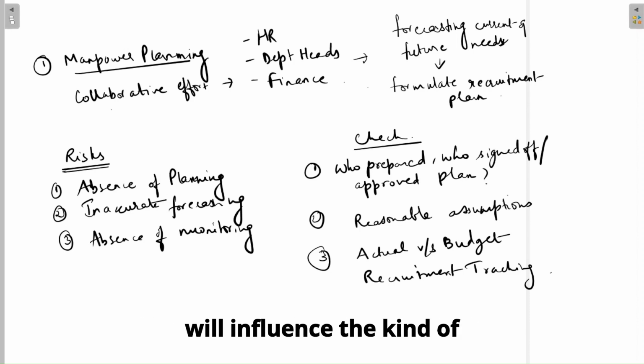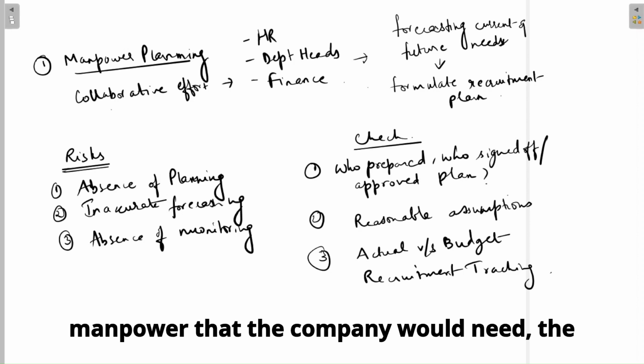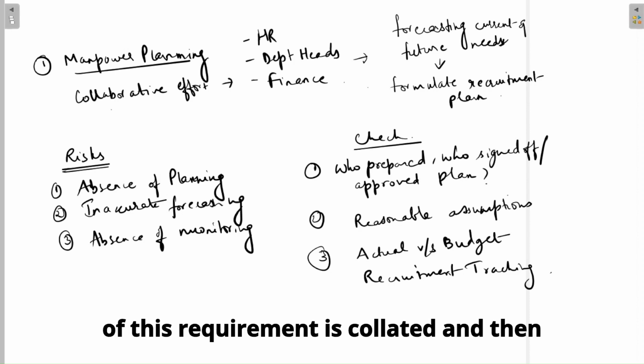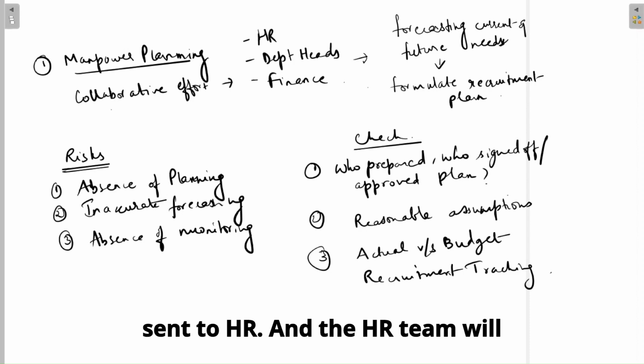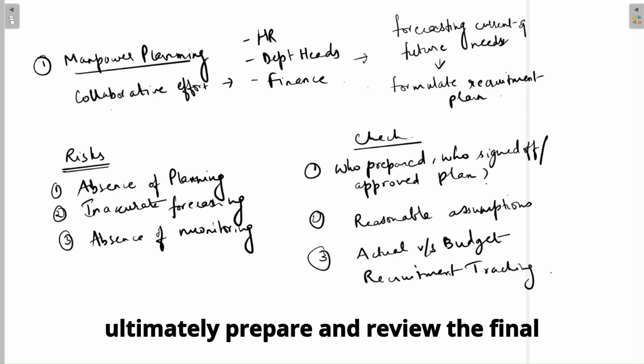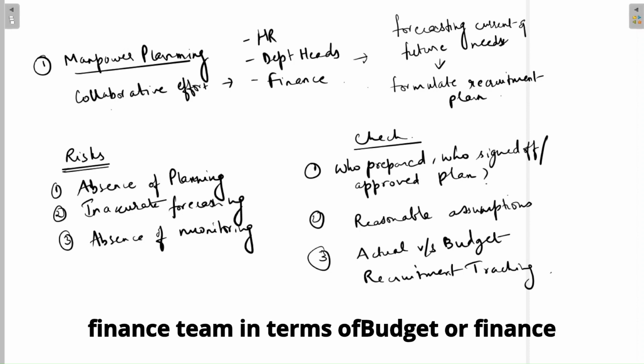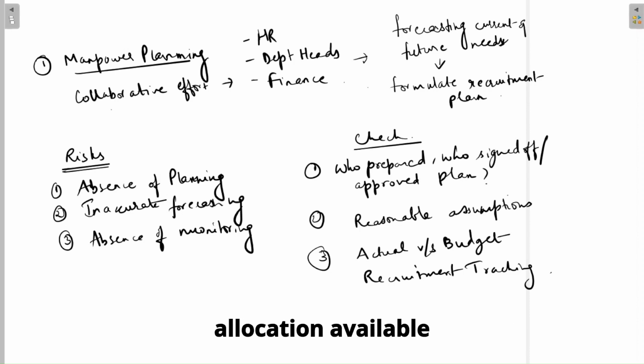So all of this will influence the kind of manpower that the company would need, the different departments would need, and all of this requirement is collated and then sent to HR, and the HR team will ultimately prepare and review the final manpower plan after consultation with finance team in terms of the budget or finance allocation available.